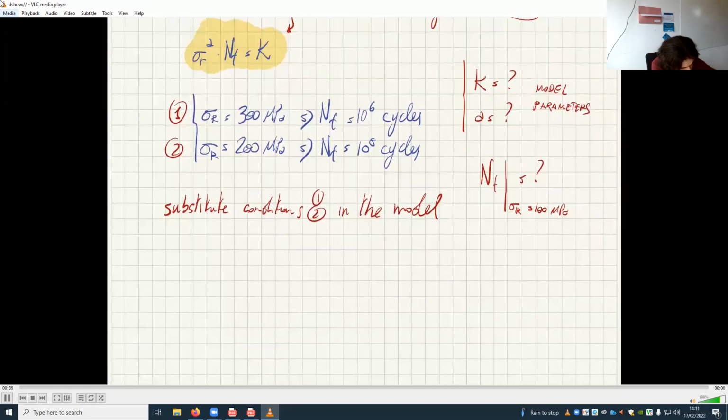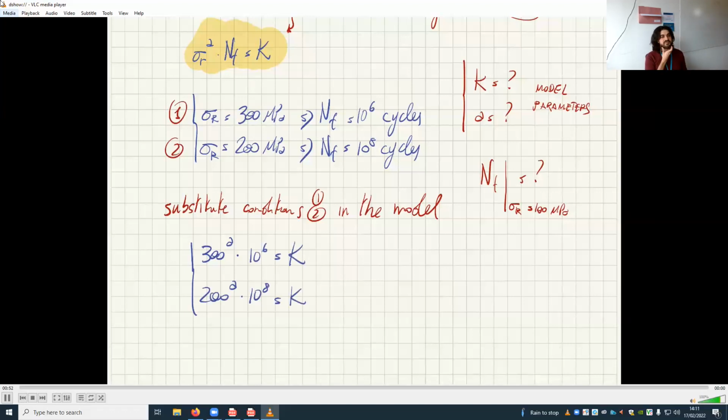And so this gives us a system of two equations, 300 to the power of a times 10 to the power of 6 equals k, and 200 to the power of a times 10 to the power of 8 equals k. You agree with me? That's very easy. So this is what we know effectively.